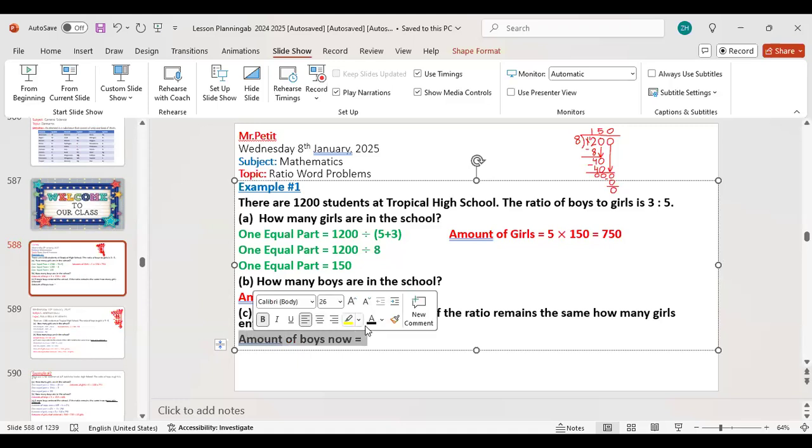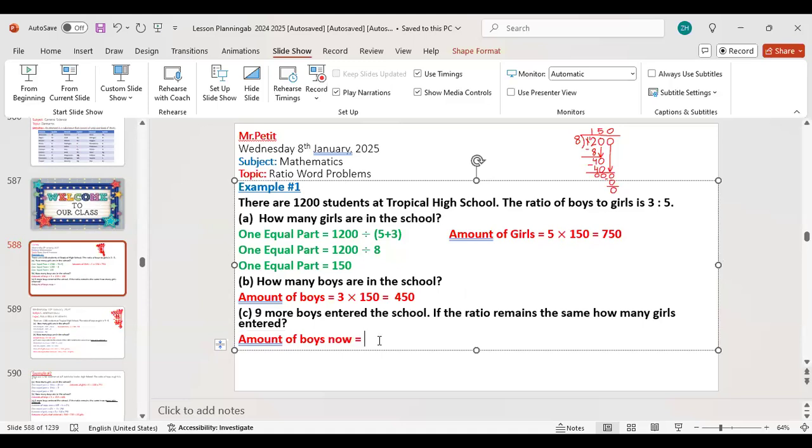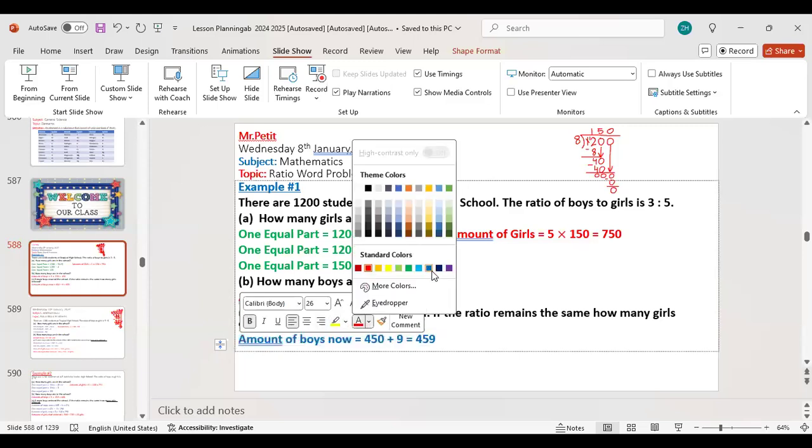The amount of boys that we now have is going to be, let's add 450 plus what? Plus 9. Very good. And that's going to be equal to what? 459. Very good. So the amount of boys that we now have is 459, right?